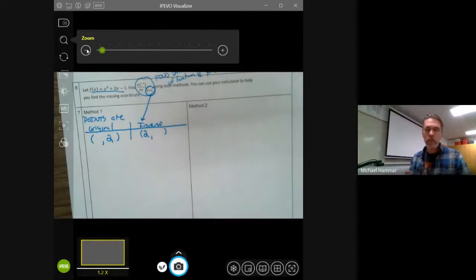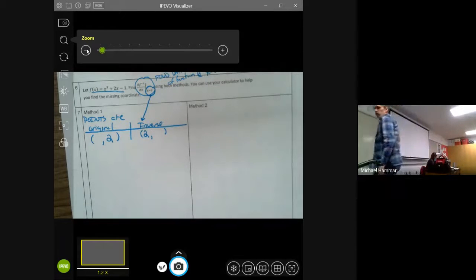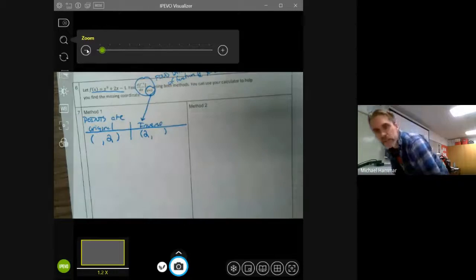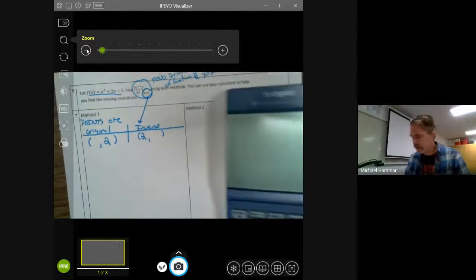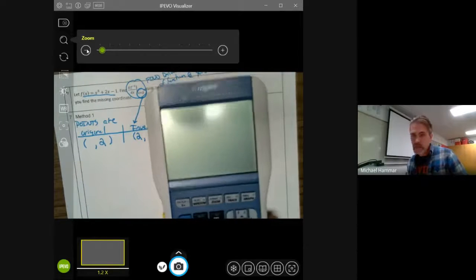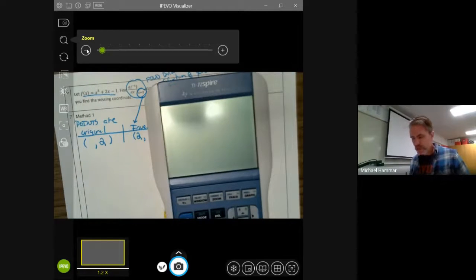But we need both of these. In order to figure both of these out, we are actually going to have to use our graphing calculators. So if you see a problem like this, you are going to need a graphing calculator. I'm going to show you how we figure this out.